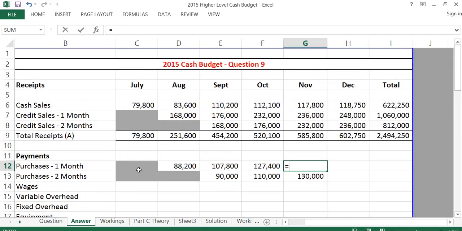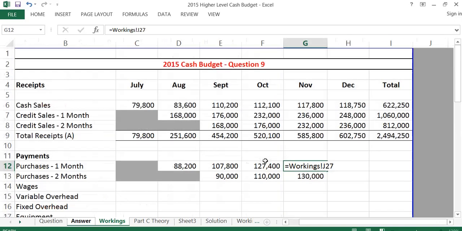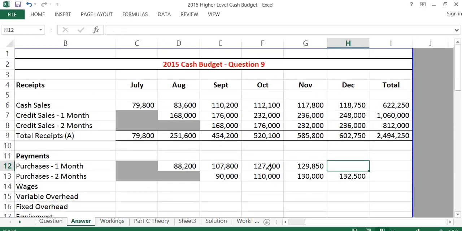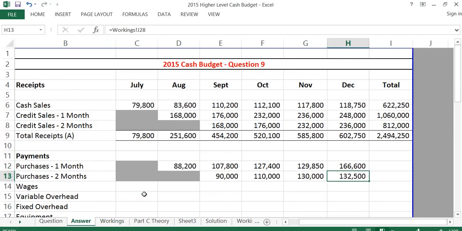Then October's I'm going to pay in November and December. And then November's will be paid in December and January, but again, we don't have to do January. So I'll total these across, to leave me with purchases for 1 month and purchases for 2 months.